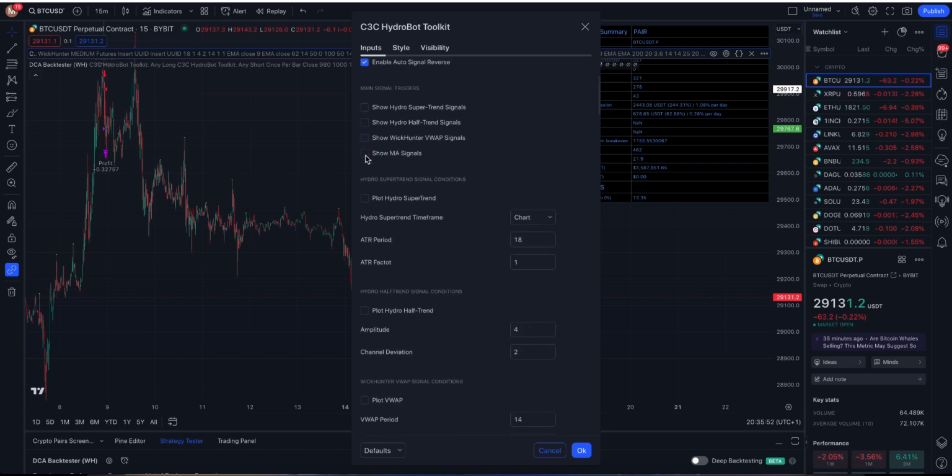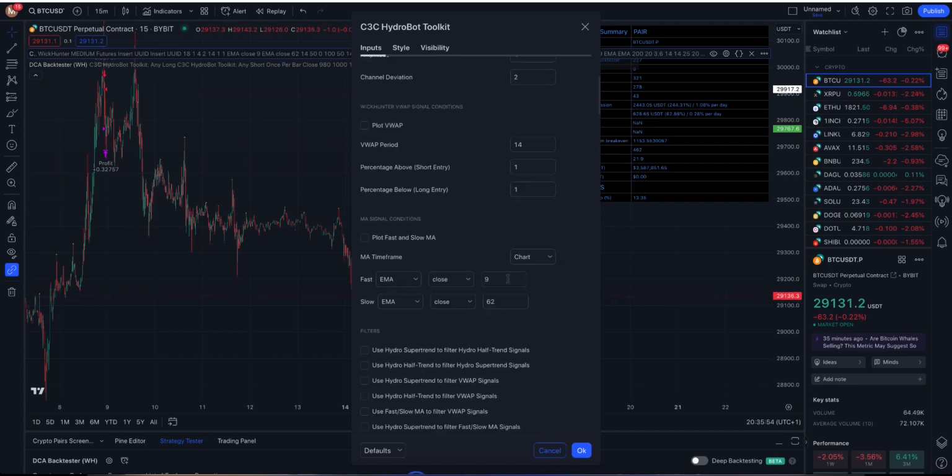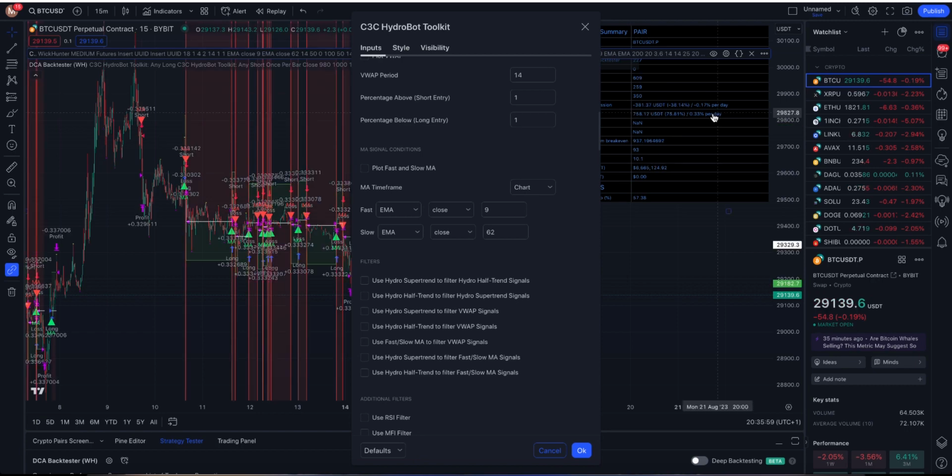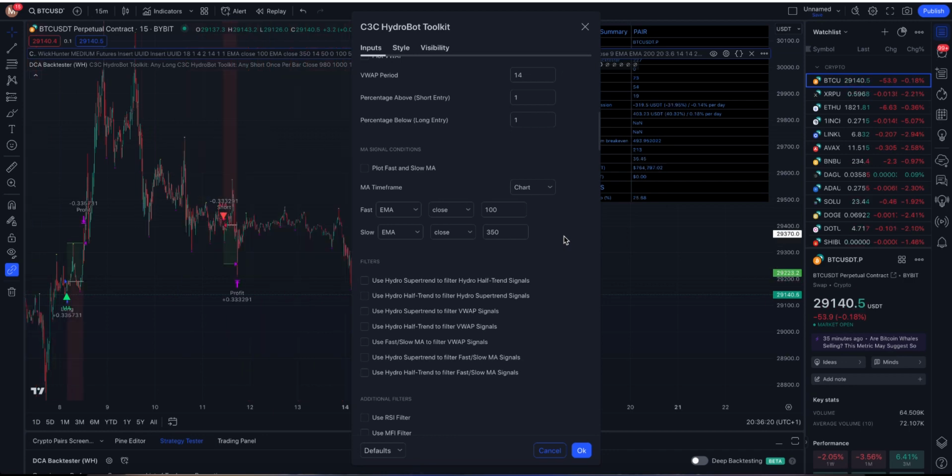So we'll turn that one off and now turn MA signals on. And we'll see what we get with that. So we've got a minus 38. So if we change this to 100 and this to 350, let's see what that does. Still not the best.